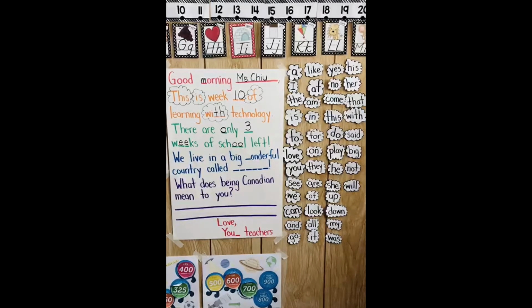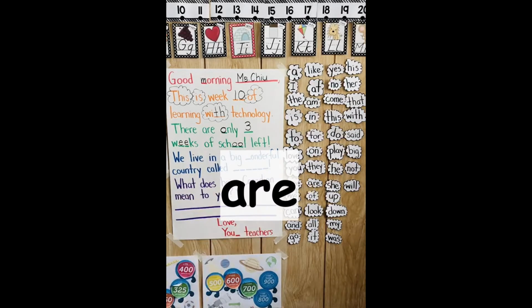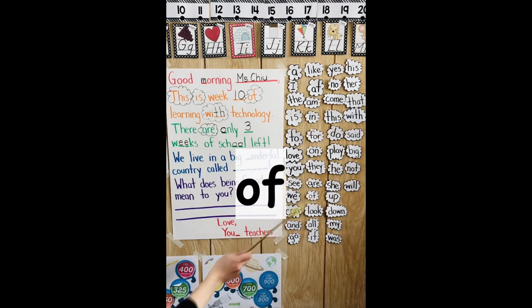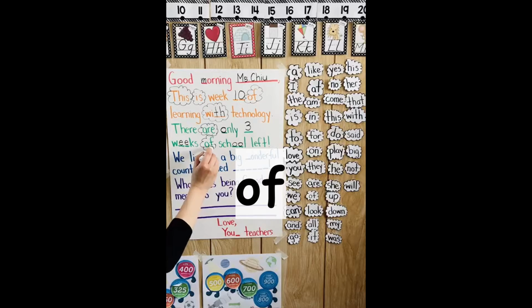Now let's pop. Can you find the word are? A-R-E spells are. When you found it, go ahead and pop it. Now can you find the next popcorn word? Of. O-F spells of. That's a list 1 popcorn word that always seems to pop up.